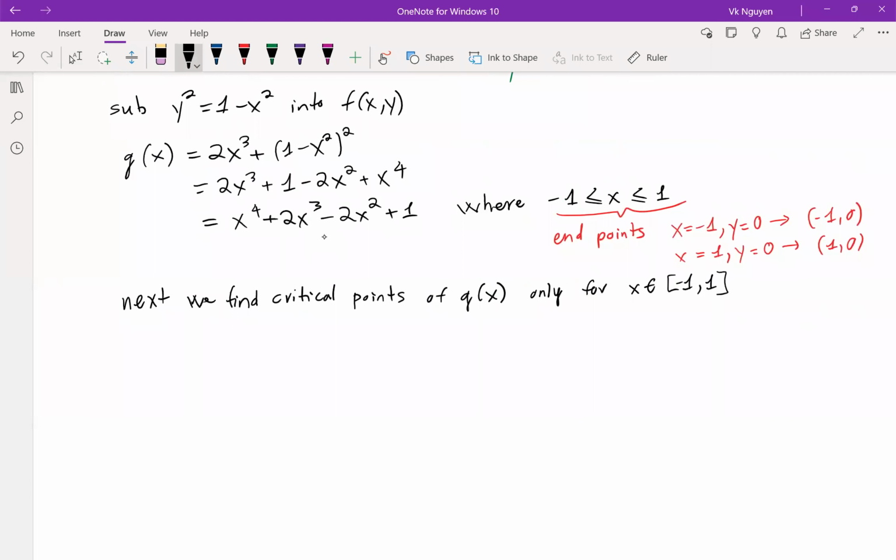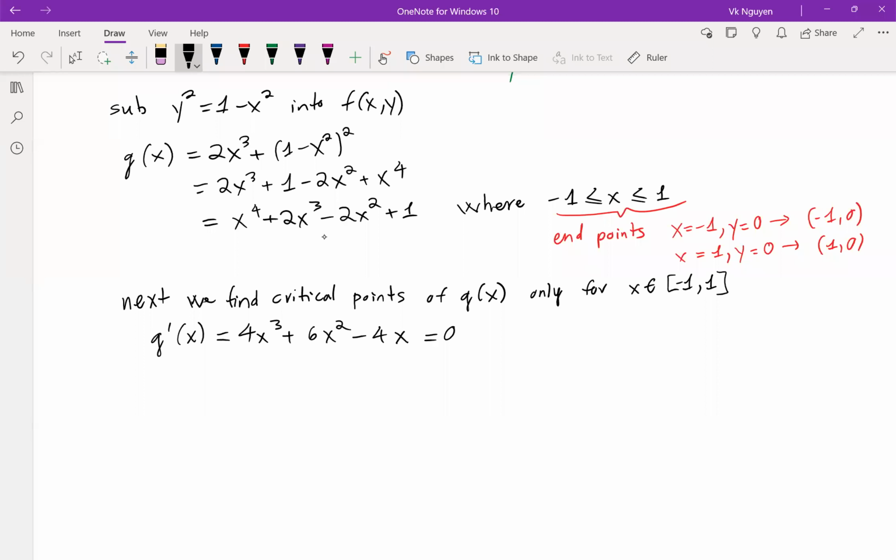To find the critical point of g(x), we use a derivative. So g prime of x equal to 4x to the 3 plus 6x squared minus 4x equal to 0. Oh man, I don't have to run through the rational root theorem.